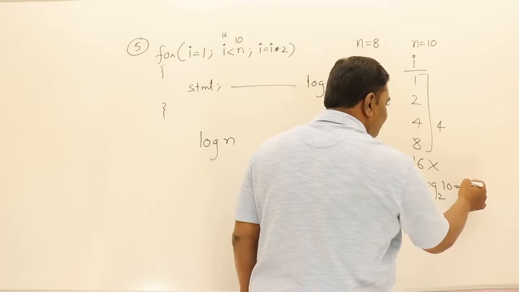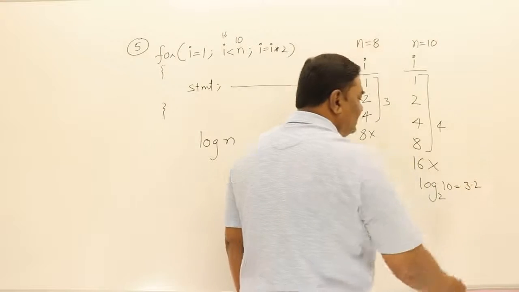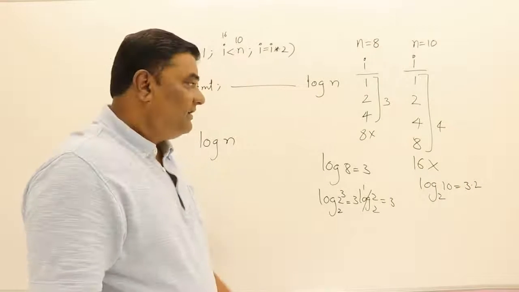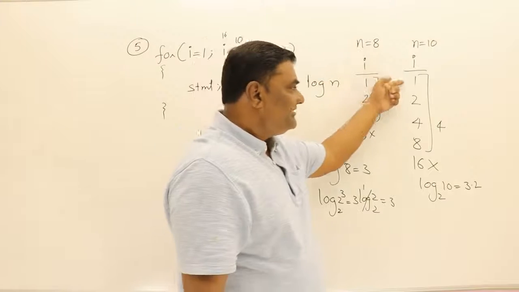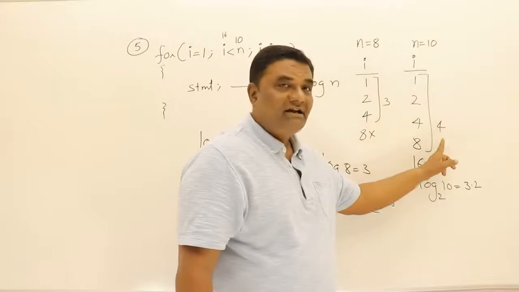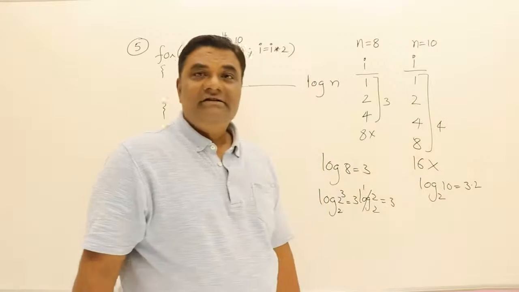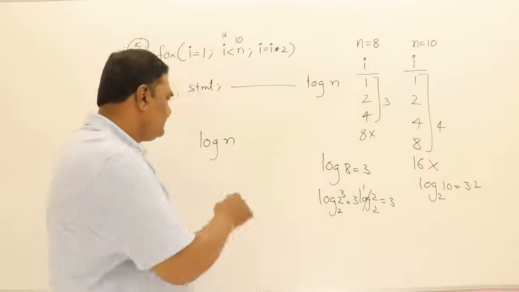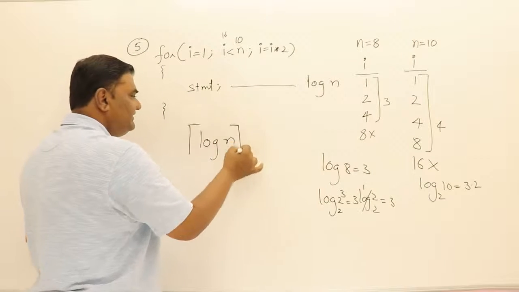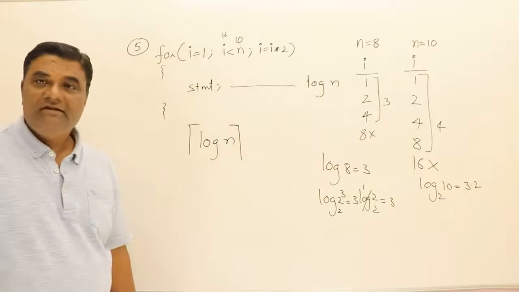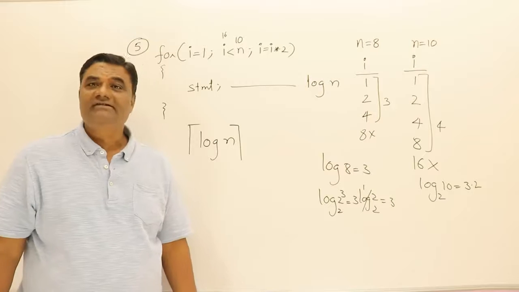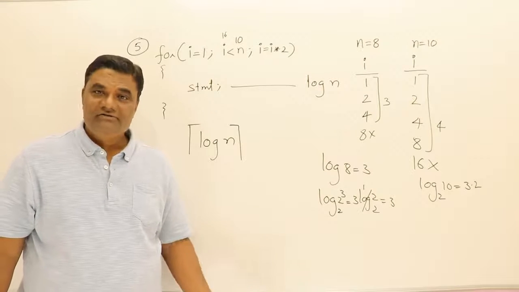So let us take it as, for example, 3.2. I got 3.2, but if you see the number of times repeated, it is 4 times. So it should be taken as the ceil value. So this log should be taken as ceil. When you use log, whether it is ceil or floor is also important.